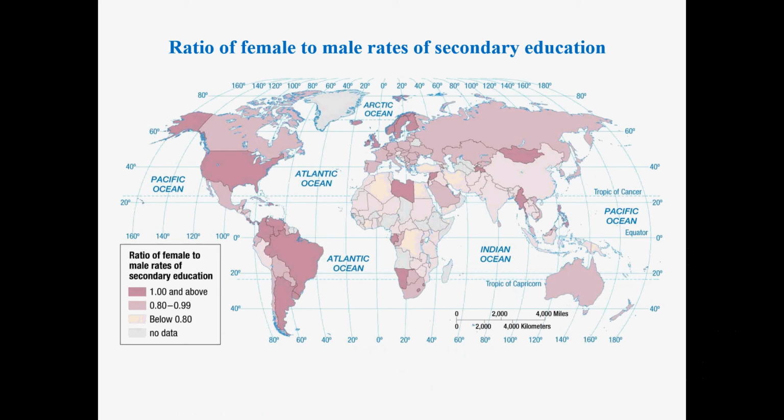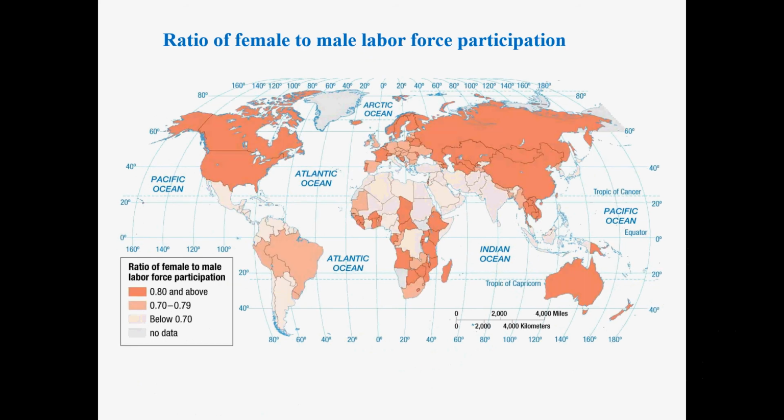Countries that have darker shades indicate female and male have a more equal opportunity in receiving secondary education. And this map shows ratio of female to male labor force participation. Again, the darker the shading, the more equal between male and female in terms of opportunity to get employed on the job market.